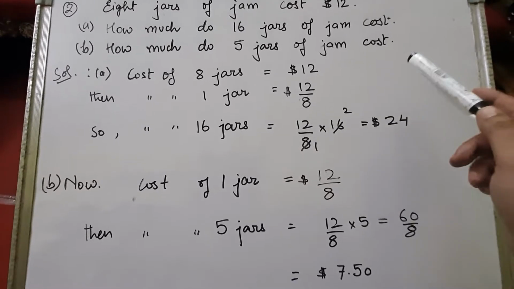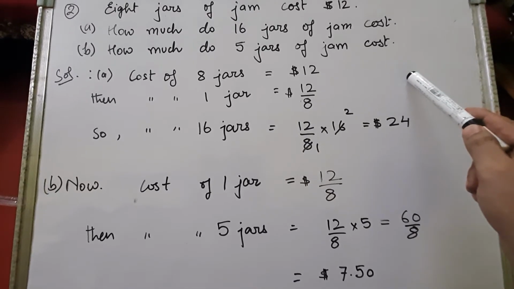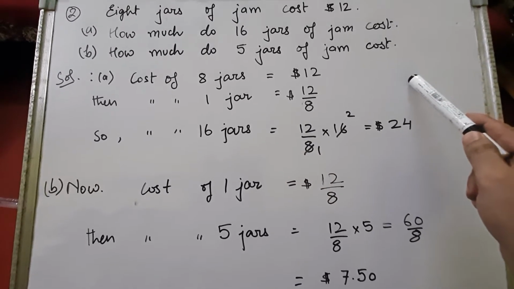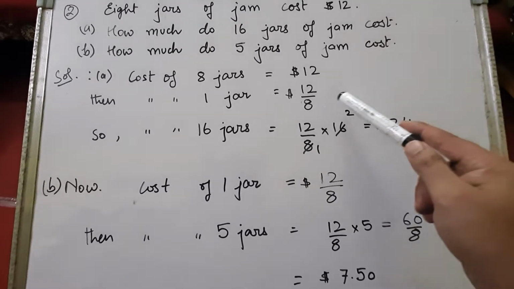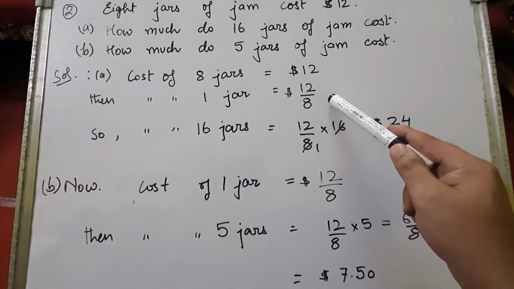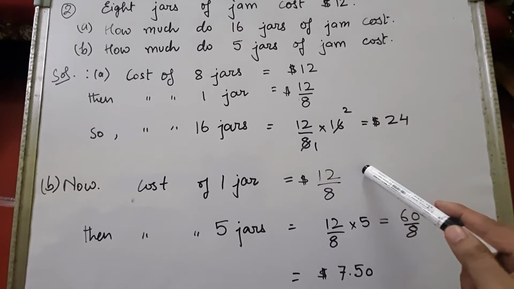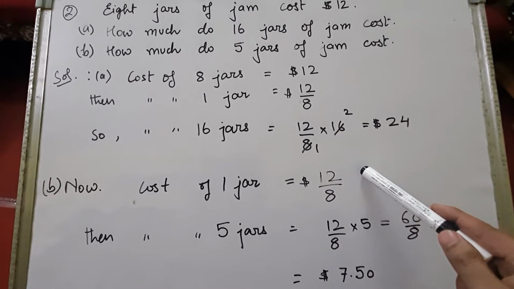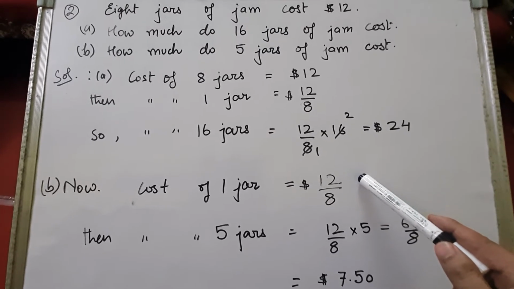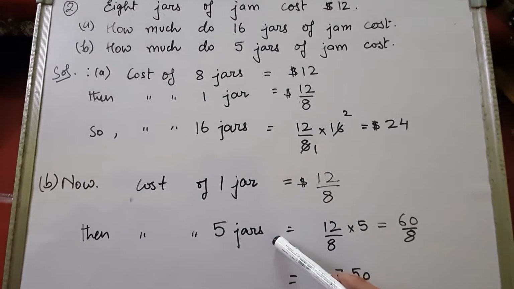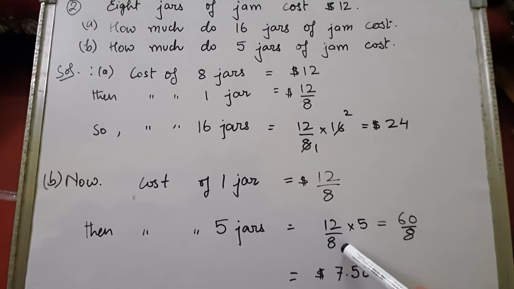Now in the second part, the question says how much do 5 jars of jam cost? Now we know, children, we have calculated the cost of 1 jar of jam, that is $12 upon 8. Then the cost of 5 jars of jam will be 5 into 12 by 8.